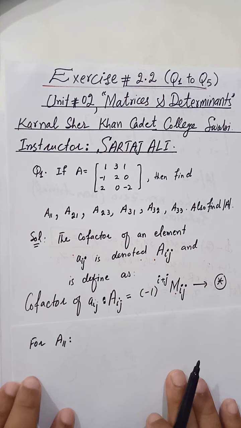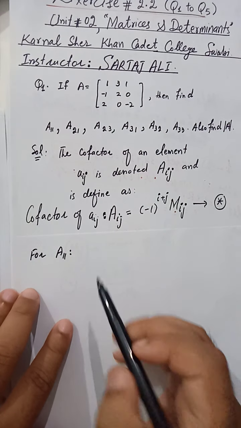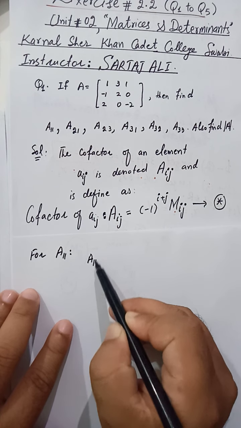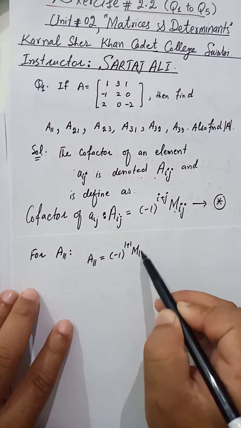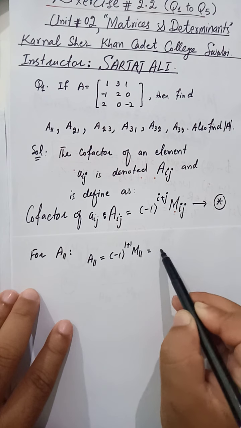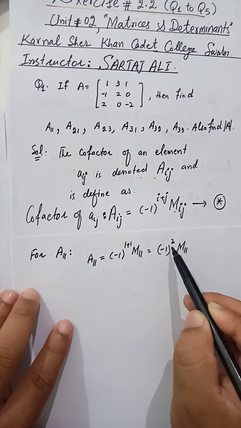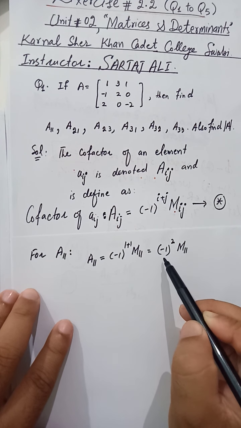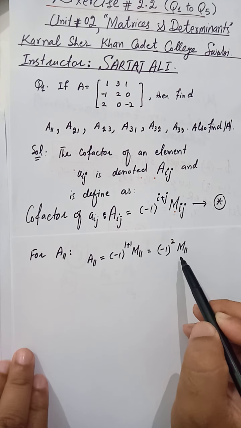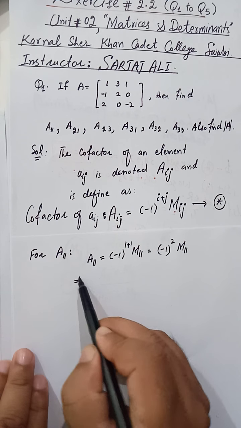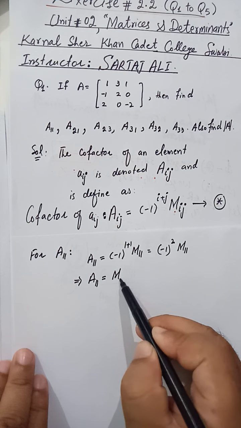So if I use the definition given in star, capital A11 will be equal to minus 1 power 1 plus 1 M11, but this is minus 1 power 1 plus 1, meaning 2, M11, so it means that you need to multiply minus 1 two times. When you multiply minus 1 two times, you will get plus 1 multiplied by M11, you will get M11. So this implies that the cofactor A11 is equal to M11.